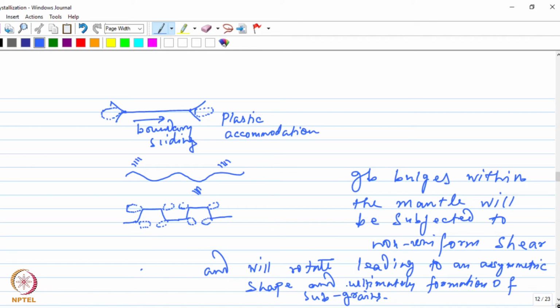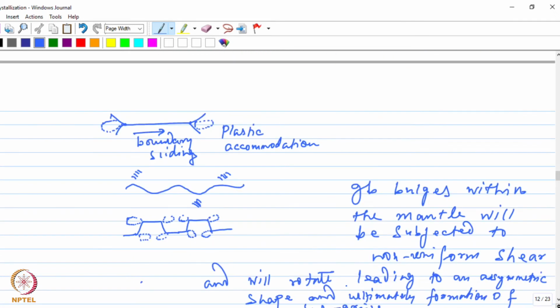Right? So the next stage is the lattice rotation along the grain boundaries, as I said in the beginning itself.